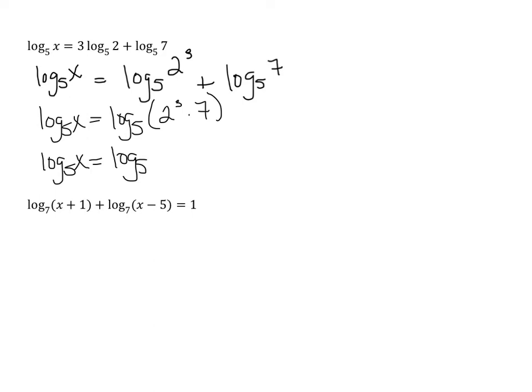So this gives me 56. The next thing that you need to remember is that if you have the log of the same base, then whatever you're taking the log of is going to be equal. So in this case, x is equal to 56. Not 5x, 56.